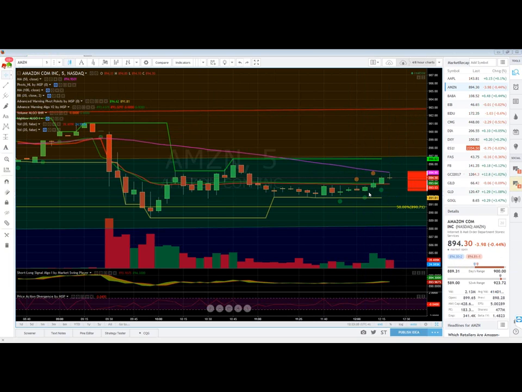We're getting near a little resistance there. Be back shortly. Just trading MSP dots algorithm, MSP advanced warning pivot points, and algo signals.